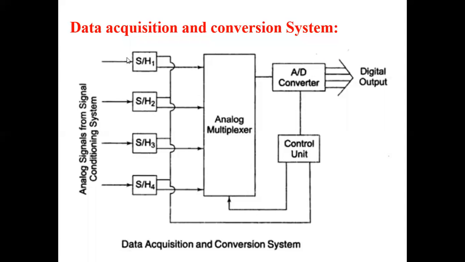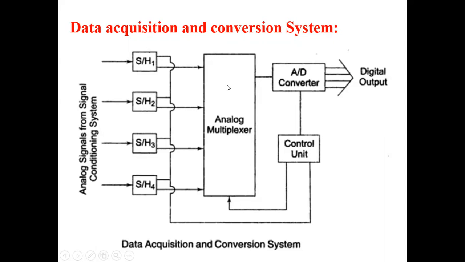For example, a signal is coming from the first sample and hold, second. The same signal is given to the analog multiplexer, and it is converting. By that time, the signal coming from the sample and hold circuit in the second is held for some time. Once the conversion is over, the signal is released again. Like that it is converted.